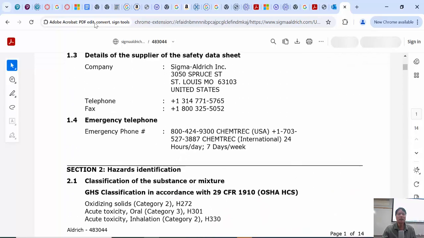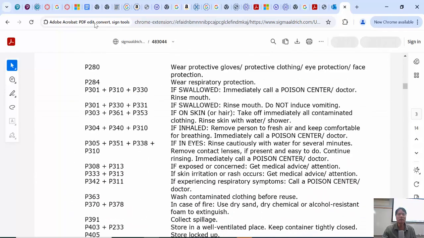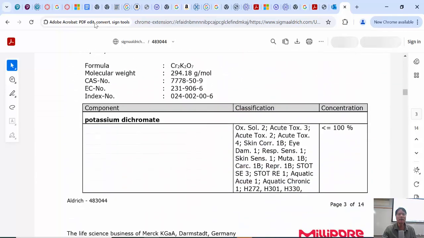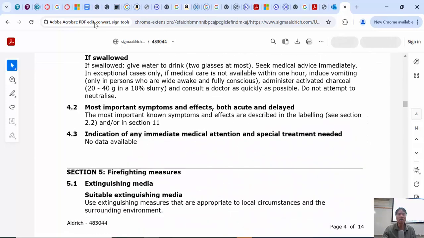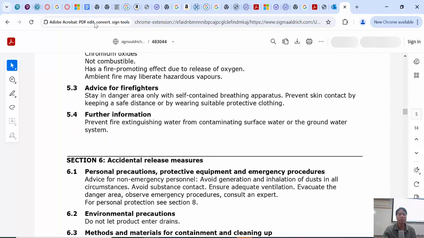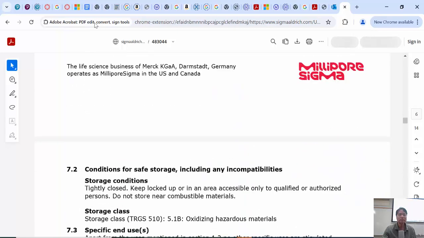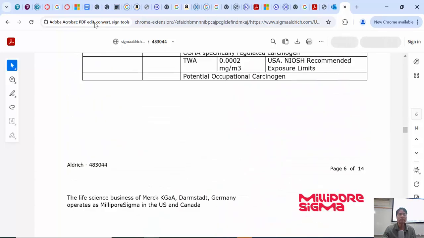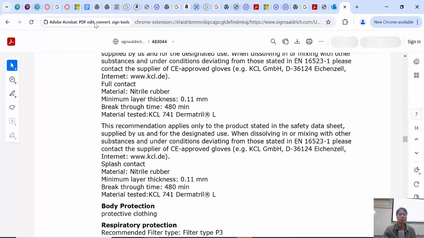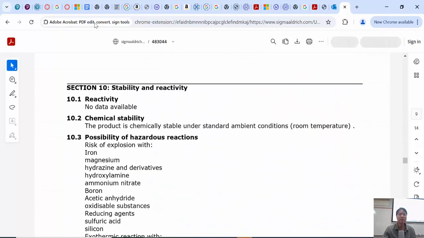There's chemical reactivity data as we go down, down, down. Advice for firefighters. This is long. There's a lot of information here.